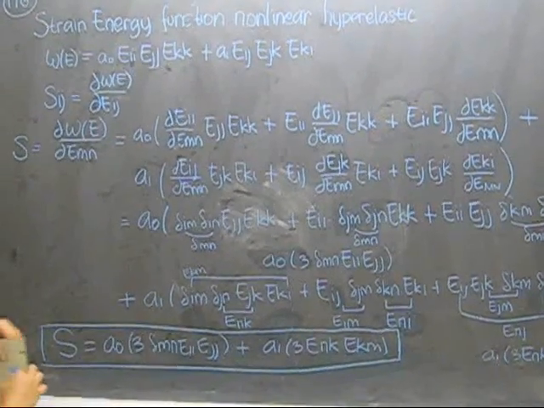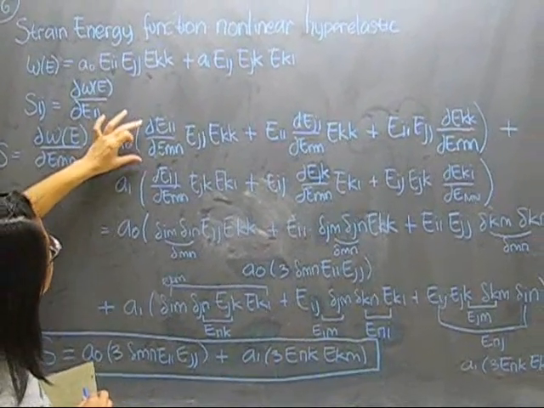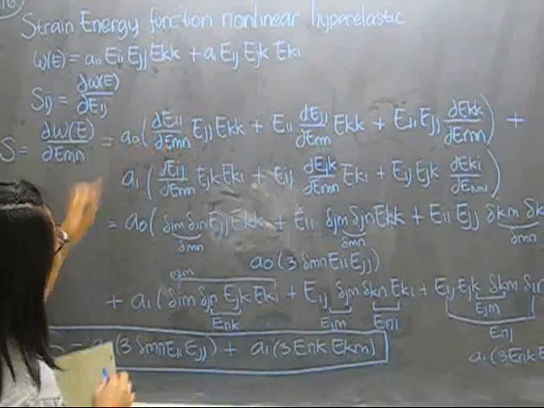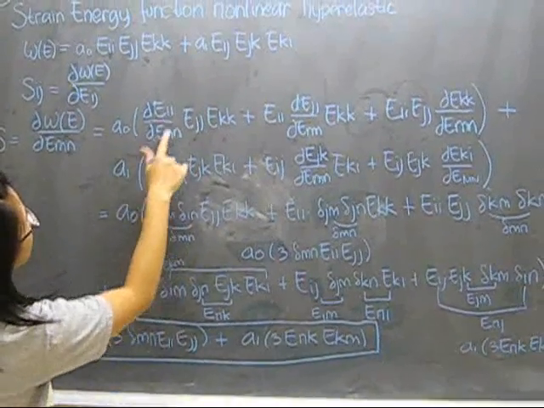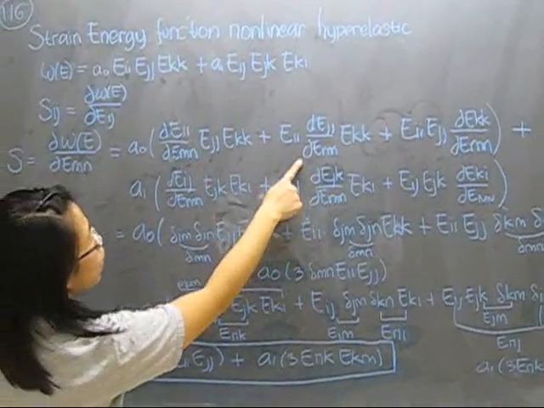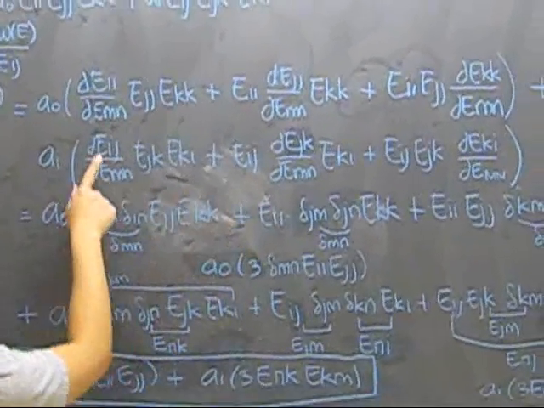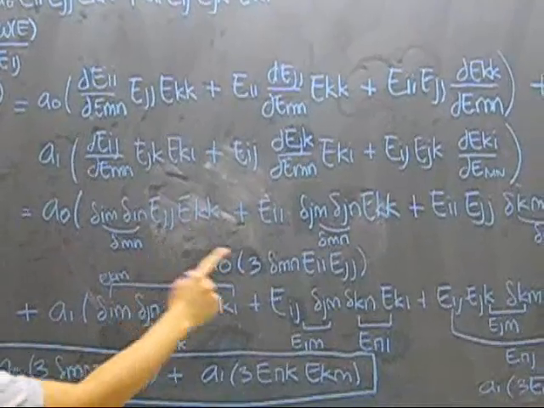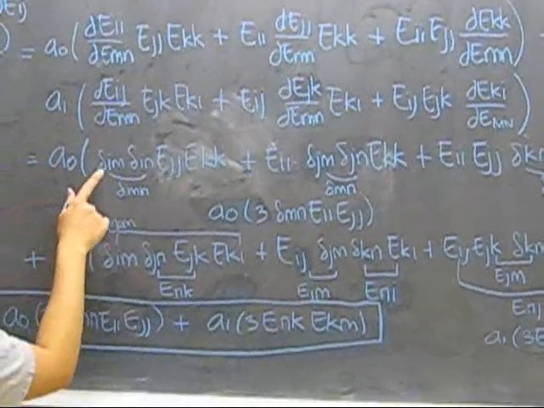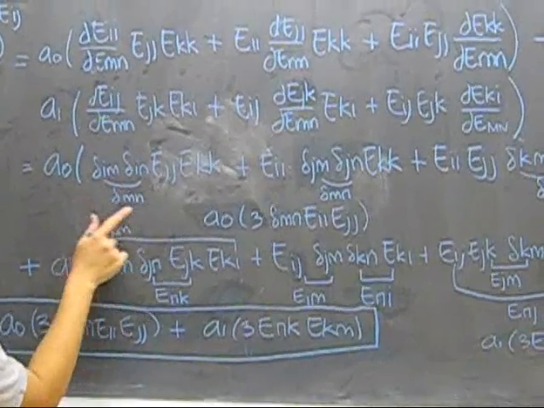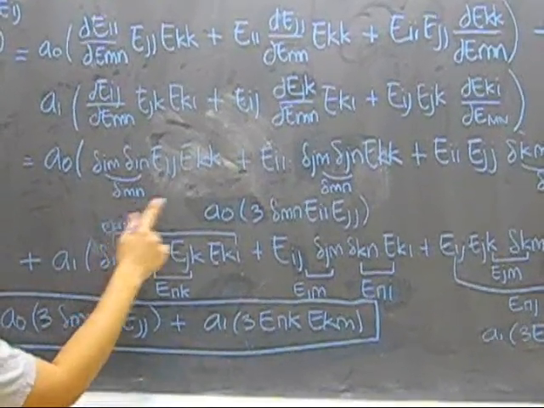After that, we know that this term is equal to delta_IM, delta_IN, and the same thing for all of the other terms, delta_JM, delta_JN. And then delta_IM and delta_IN go to delta_MN.